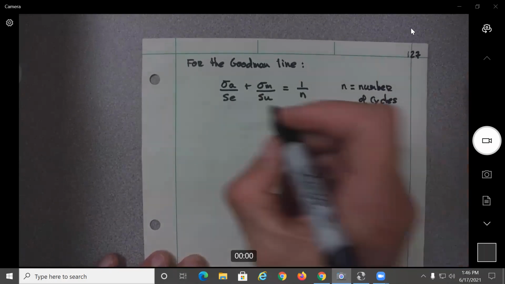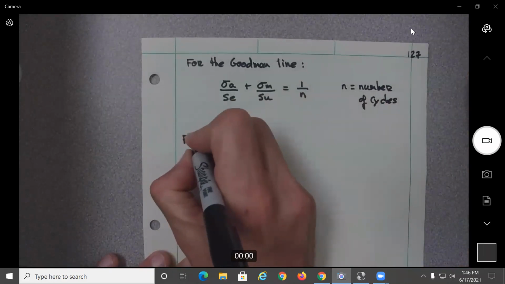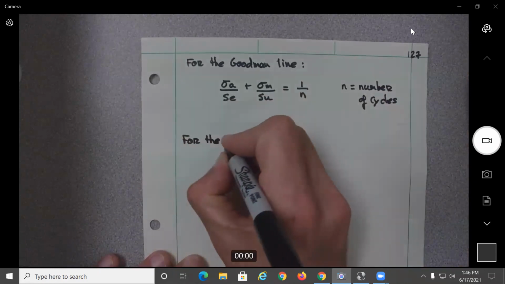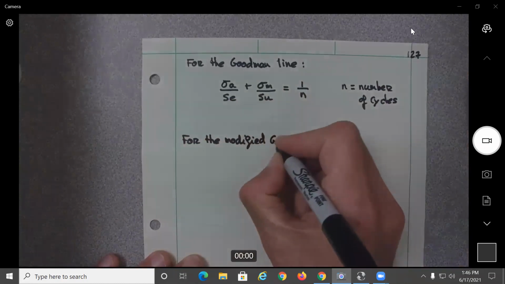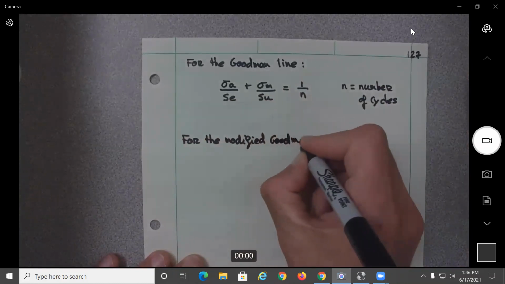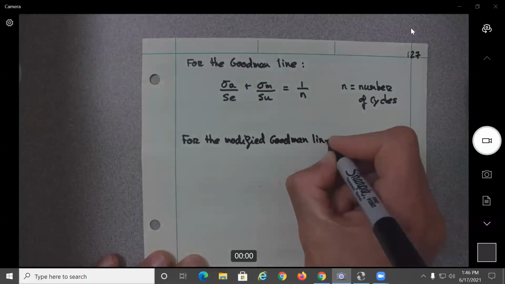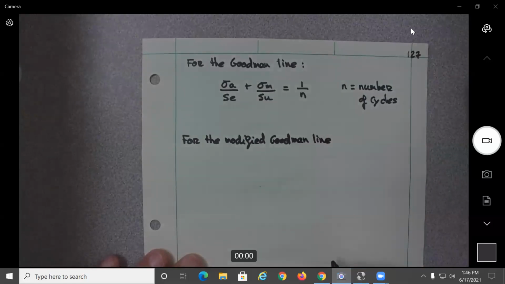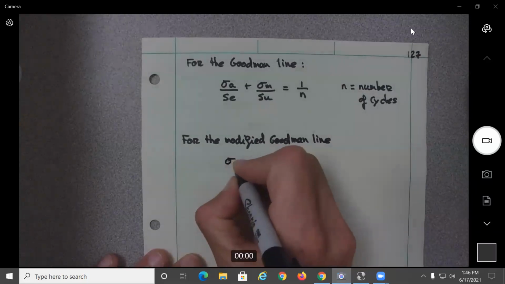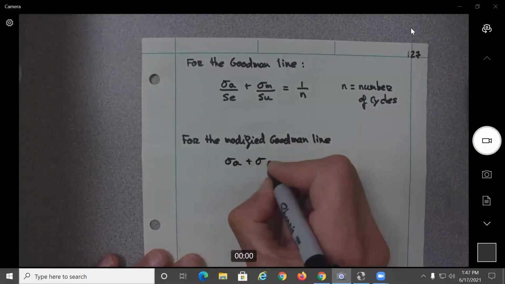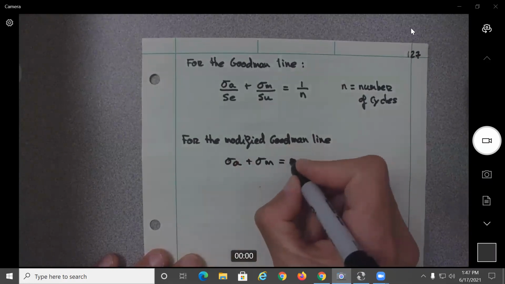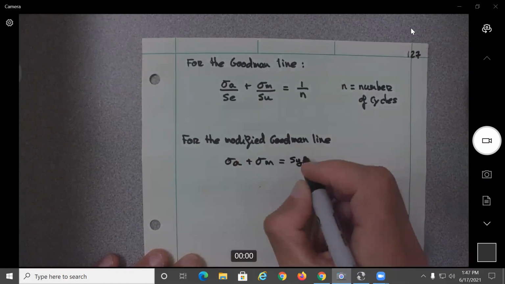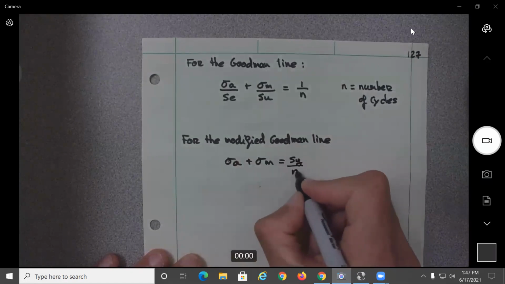And for the modified Goodman line, you're going to have sigma sub A plus sigma sub M equal to yield stress divided by n.